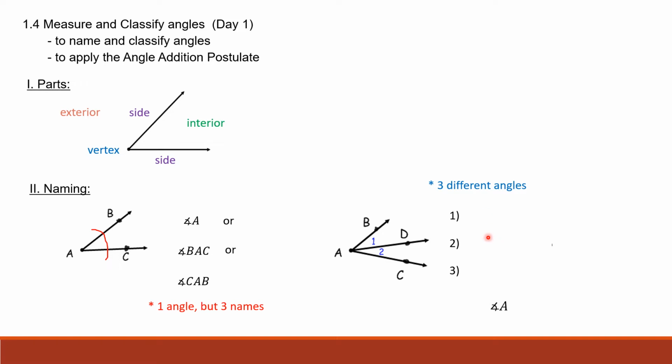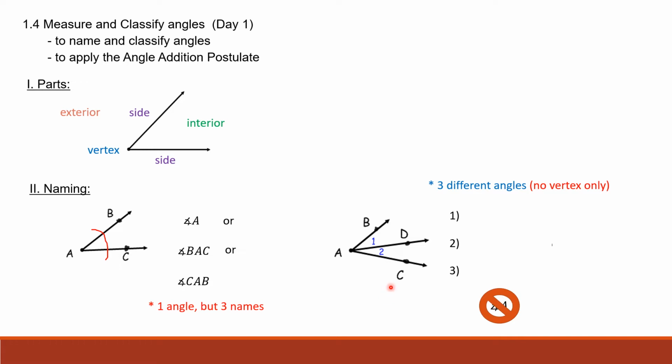It's not one of my 3. And that is because all 3 angles are using the same vertex. So if you say angle A, I'm going to ask, well, which one? So angle A, the vertex only, is not allowed. So no vertex only if you're looking at a multiple angle picture.